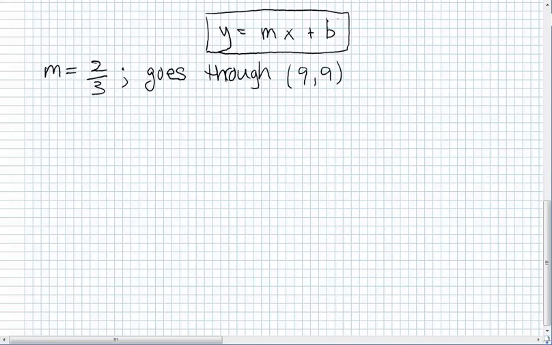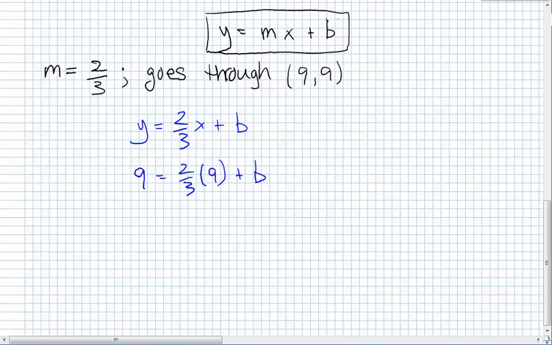Okay, well let's say I asked you to find the equation of the line that had a slope of 2/3 and it went through the point 9, 9. I'm not giving you the y-intercept this time, just the slope. Well, that point still satisfies the equation. I can fill in the slope, and that's the general form of the equation, but I can fill in the point 9, 9, and that will make the equation work.